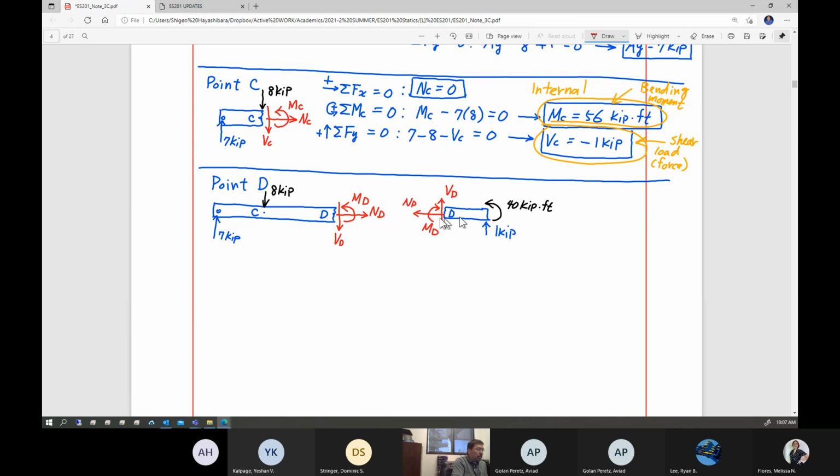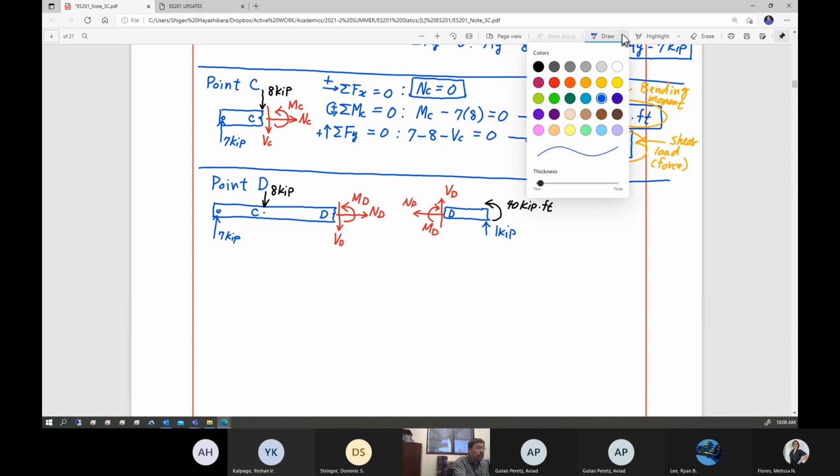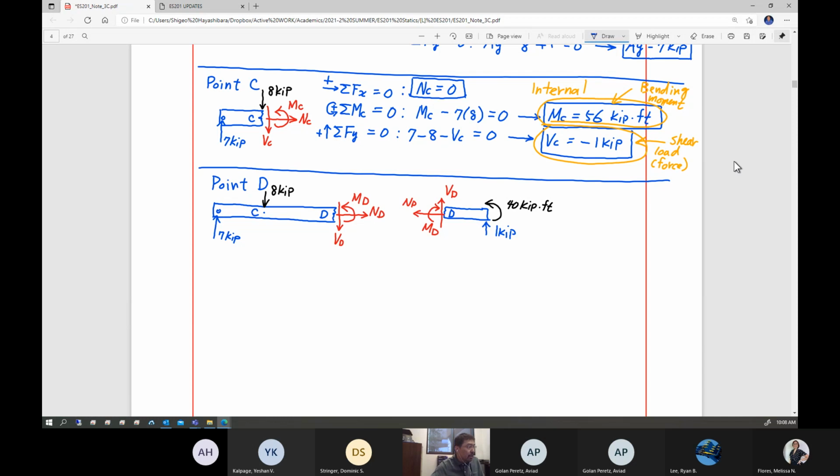So important thing, suppose you assemble all members at the location D, those internal loadings all cancel each other because they are equal and opposite. That's quite important, okay? So you can choose either this body or that body, applying again 3 equations of equilibrium to find unknown internal loadings. And then you should get exact same results. Whichever free body diagram you choose, you get the exact same result, okay?